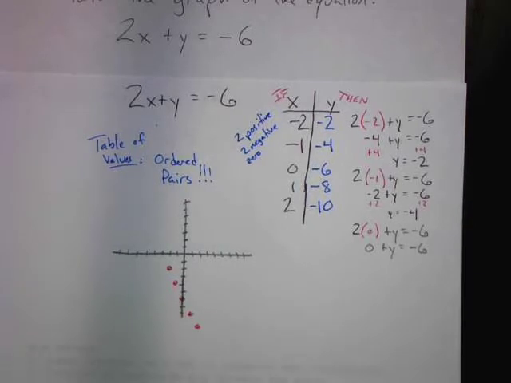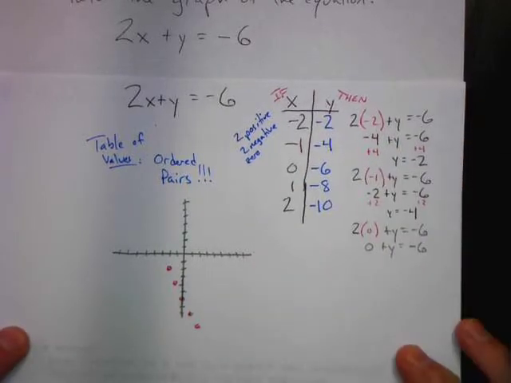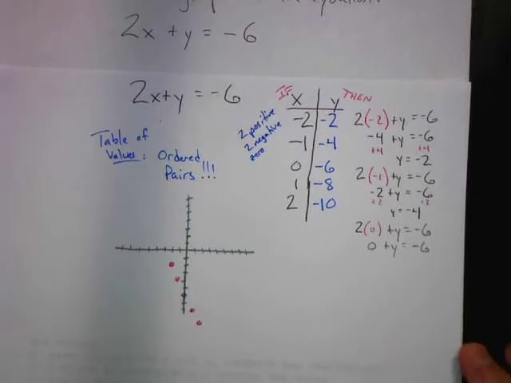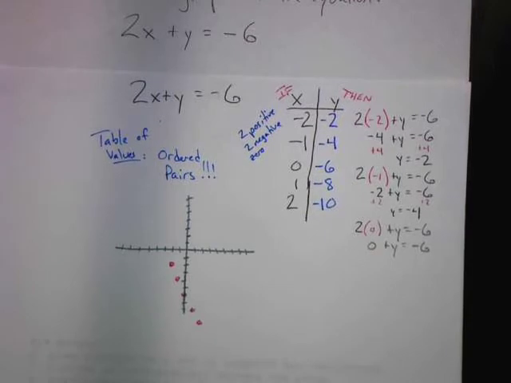And so we have the ordered pairs that we created from our table of values, and we notice what is happening with this graph. So this graph looks like it's going to make a straight line, and it's going to continue moving in this direction. But remember, what is a graph? A graph is the set of all ordered pairs that would make the equation true.